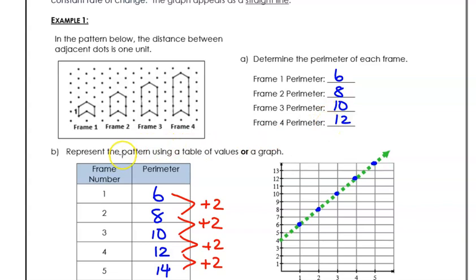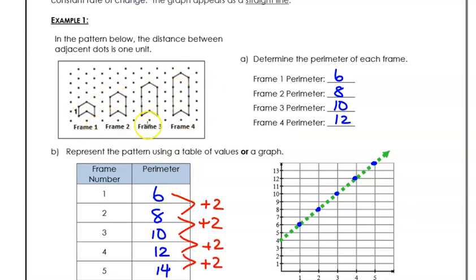Now, putting that into a table of values, which is what this is, or a graph, what we're first going to do is understand that we have an independent and dependent variable. This relationship is looking at the frame number, so these guys, the names, and then the perimeter of each of those specific frames.